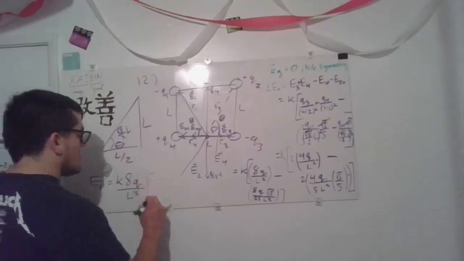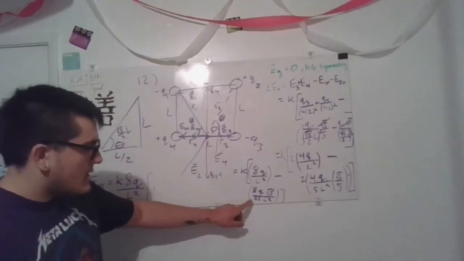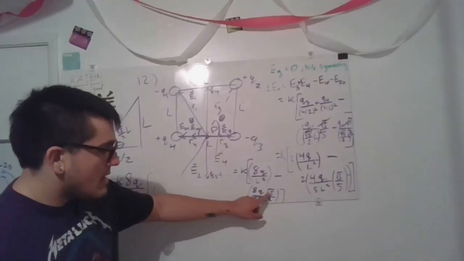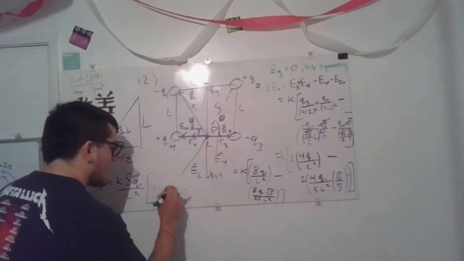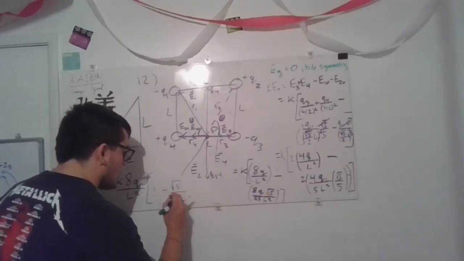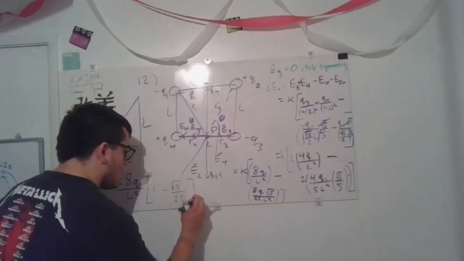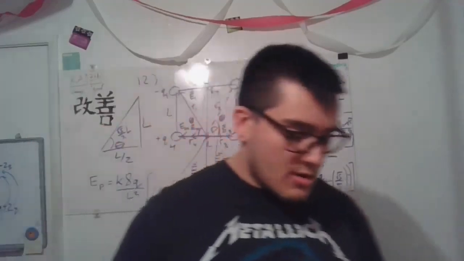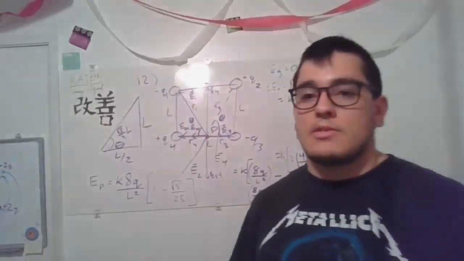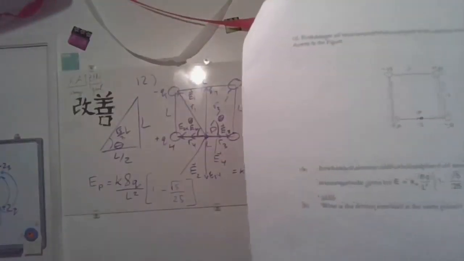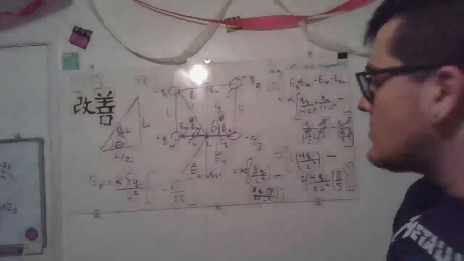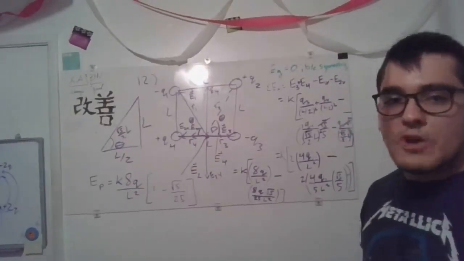So this becomes 1. And then what's left over here? A radical 5 and a 25. And I believe if you check your papers, that is the correct answer. Okay. Yes. Cool. Hopefully that helped.